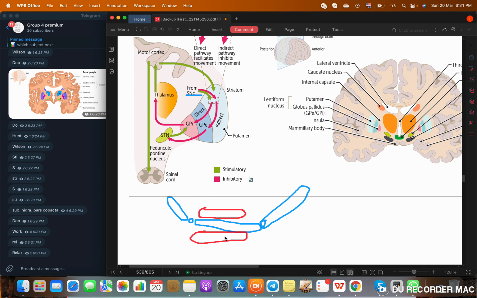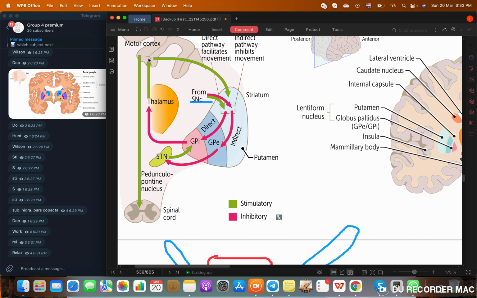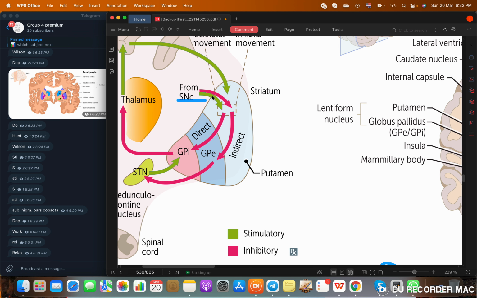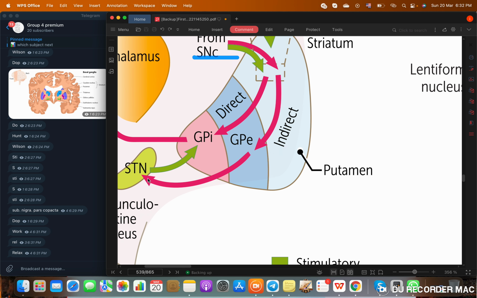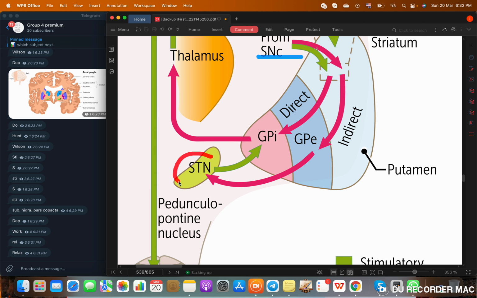So for them to relax, you must inhibit the neurons that normally stimulate them. And that's what the other pathway of the thalamus does. It comes here, stimulates this pathway, which is going to inhibit, and then inhibit, and eventually inhibit the subthalamic nucleus.